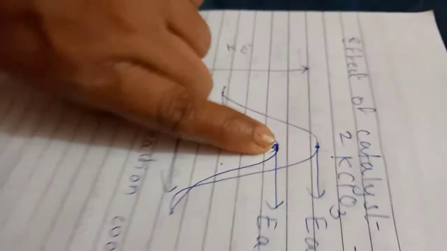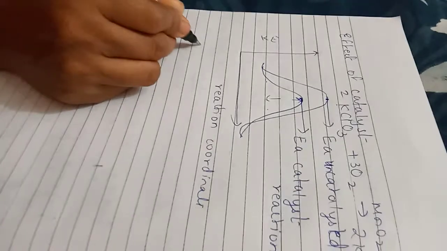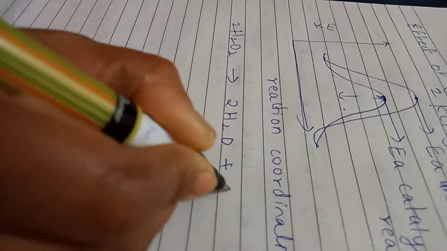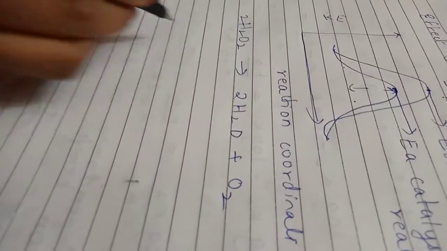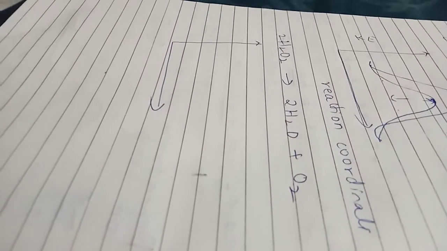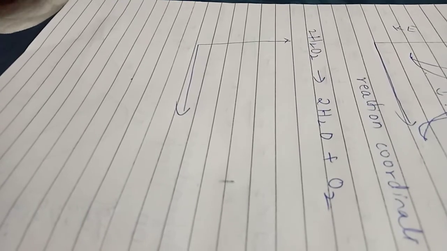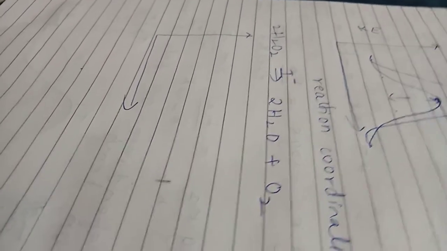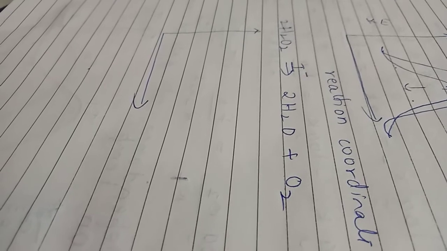That's it. Clear? Now consider the last reaction here, where hydrogen peroxide is getting converted into water and oxygen. If you plot a graph and allow the decomposition of hydrogen peroxide in the presence of iodide ion, which acts as the catalyst, students will definitely get a graph.